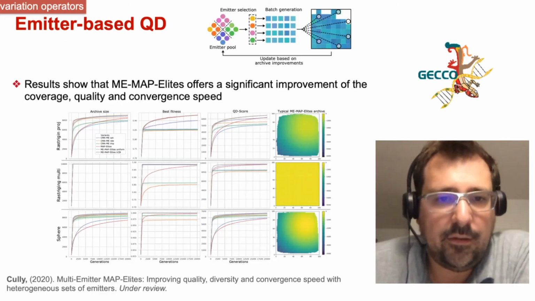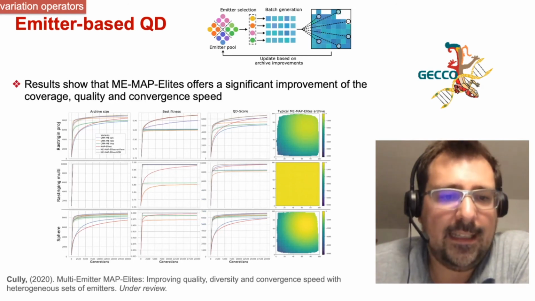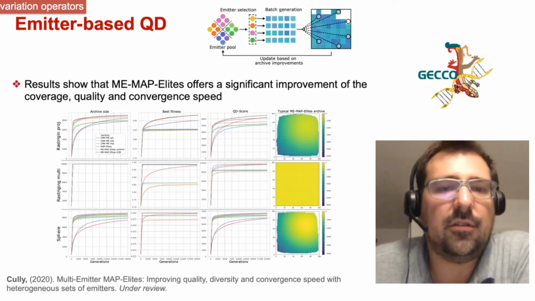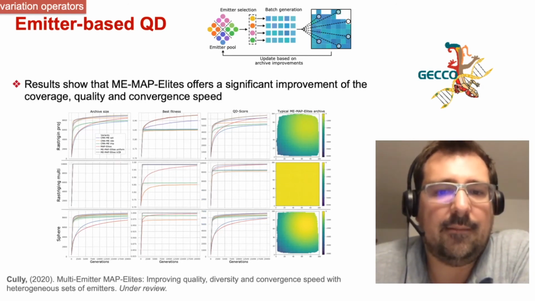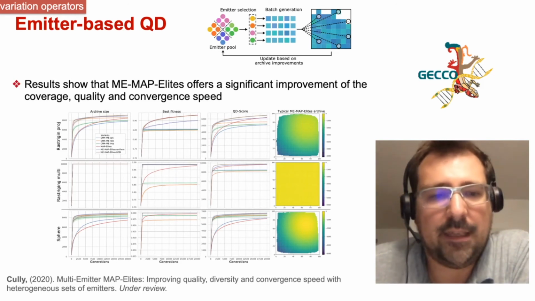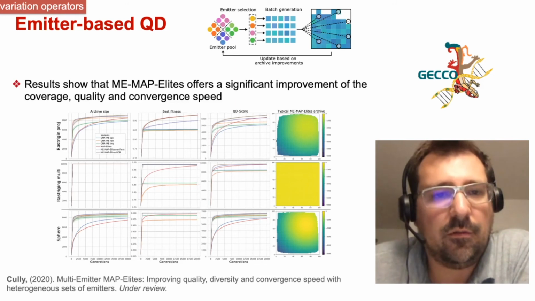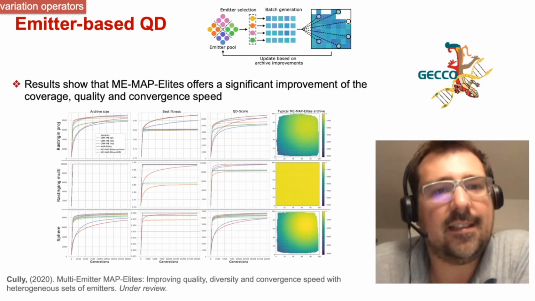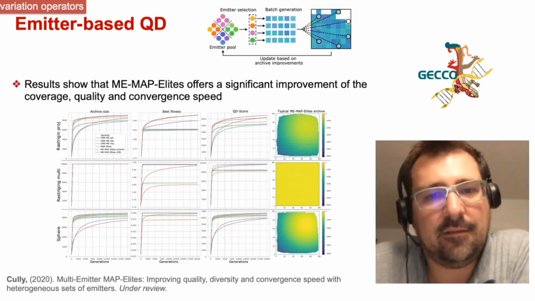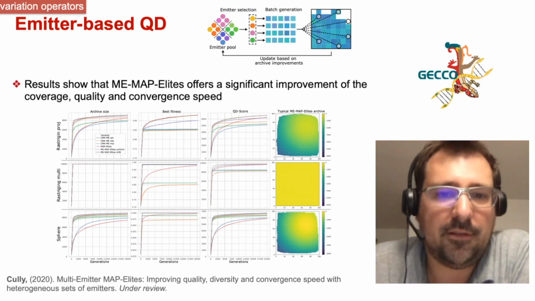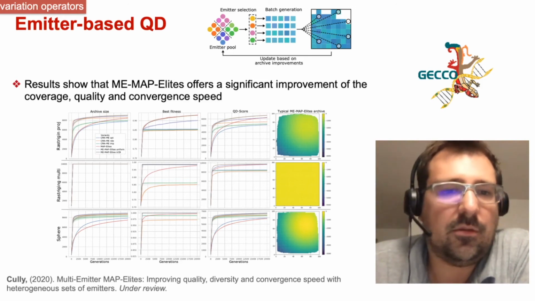So again, the conclusion is that it seems to help, especially at the beginning, like if you have just a few generations, it helps to fill things better. I think more benchmarks are needed to conclude how all these approaches compete together and what's the best, but also the simplest one to get the best algorithm.